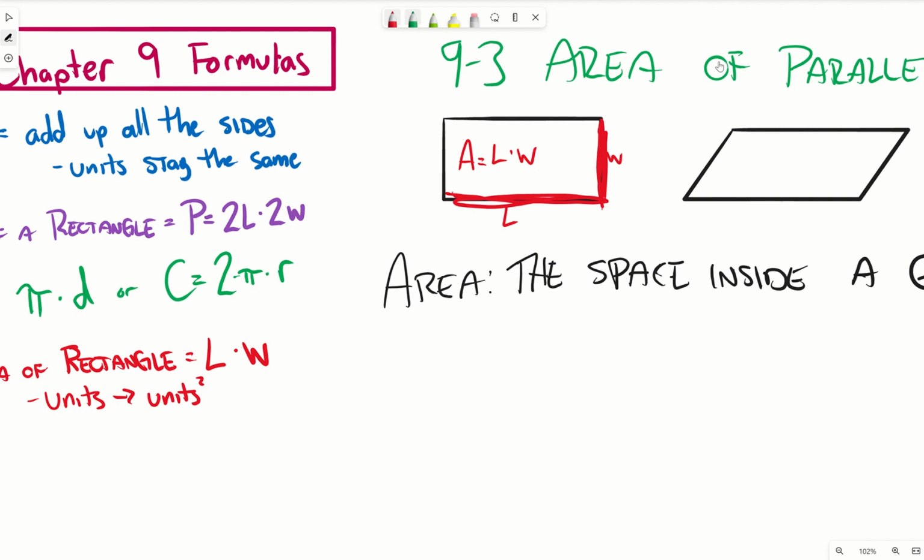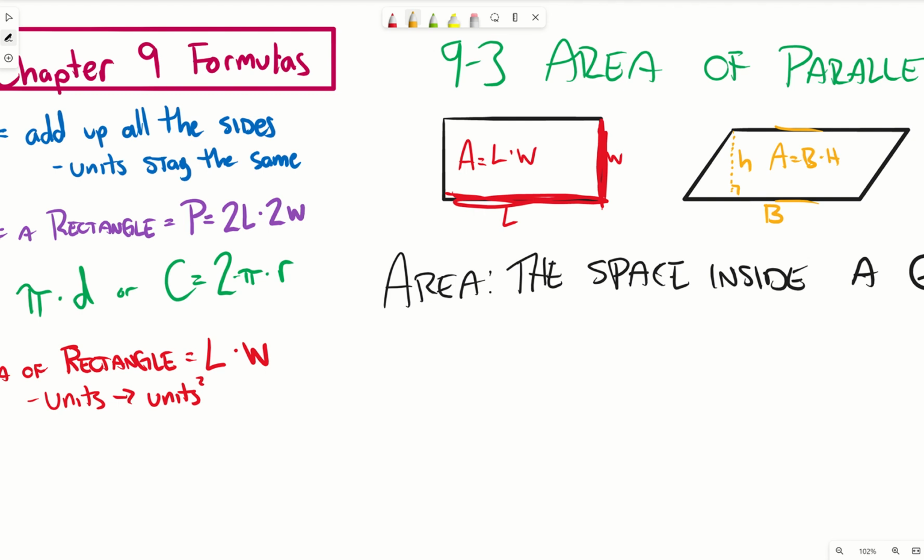Okay, area of a parallelogram is similar but a little bit different. This we call base times height. And the height is just the difference between the top line and the bottom line. So this would be area equals base times height.